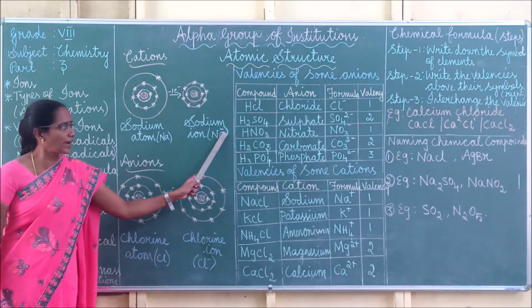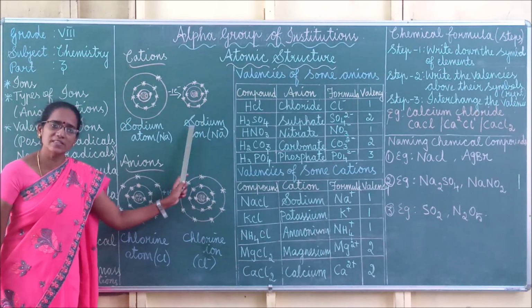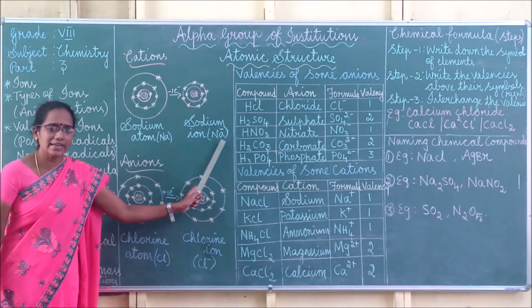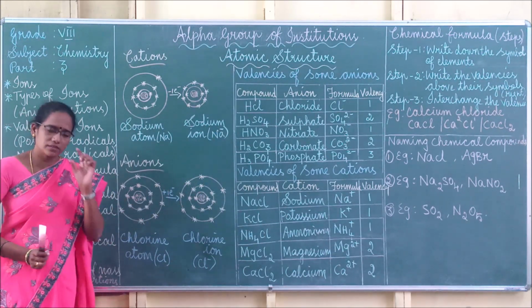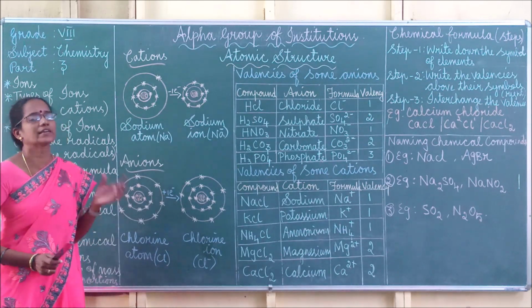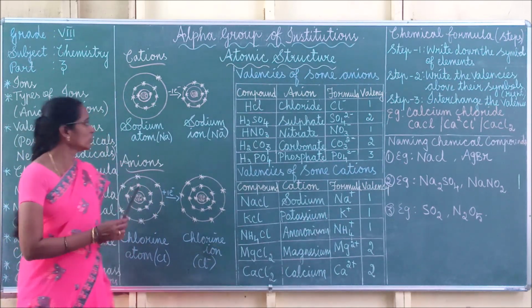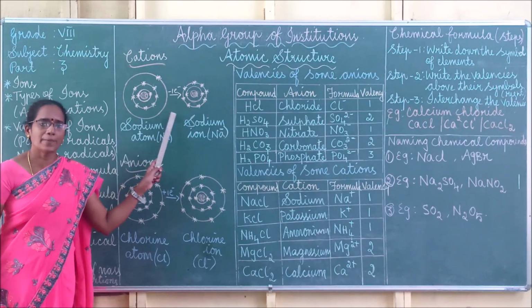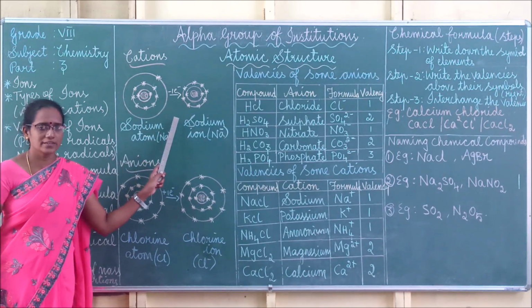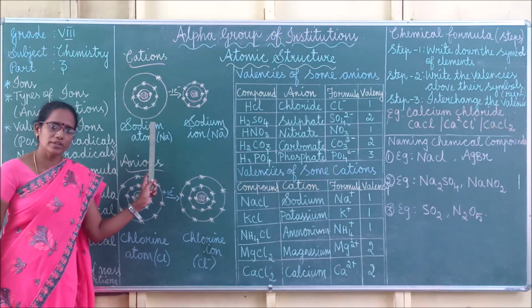This sodium ion is represented as Na plus. Understood, children? Now you understand the difference between the cation as well as the anion. These we can say are cations, or otherwise positive radicals. Shall we move to the next one?